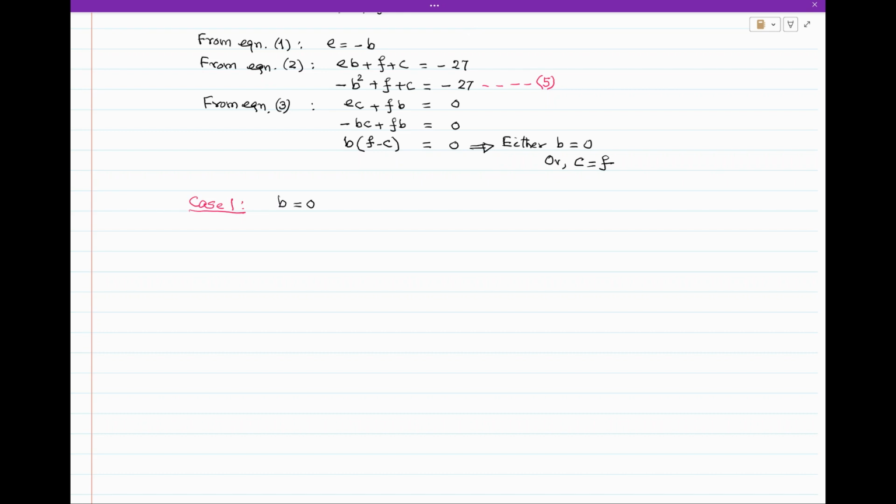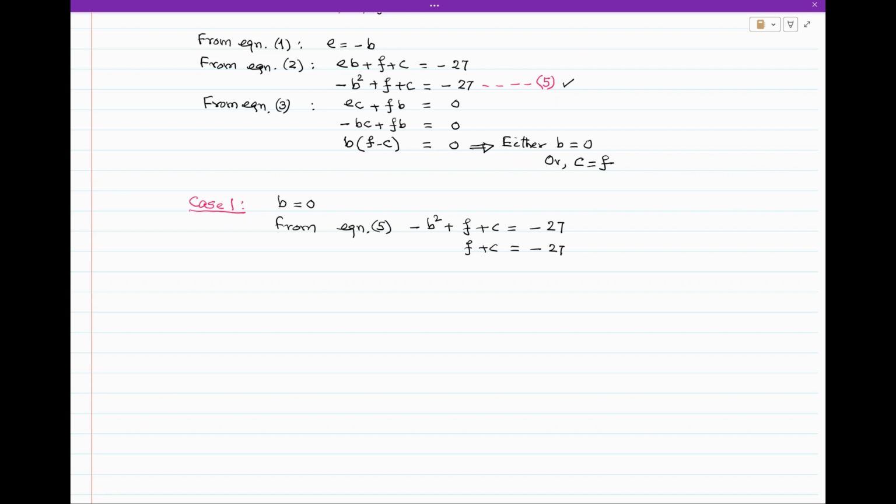Then from equation 5, we get minus B square plus F plus C is equal to minus 27, and B is equal to 0, so we simply get F plus C is equal to minus 27.